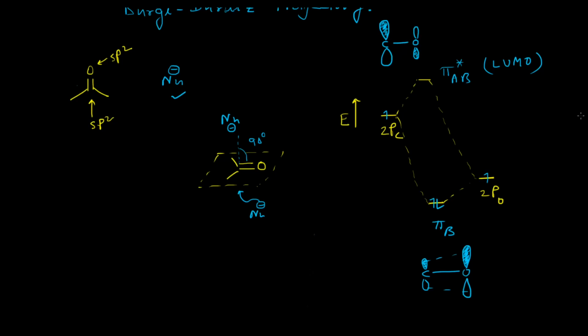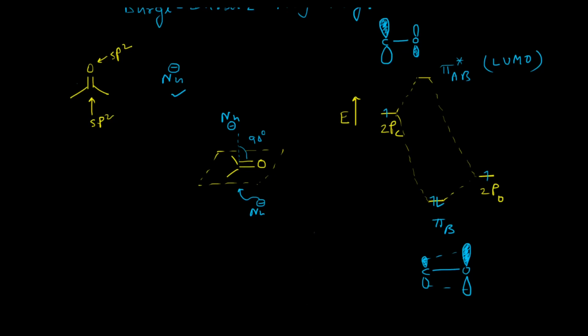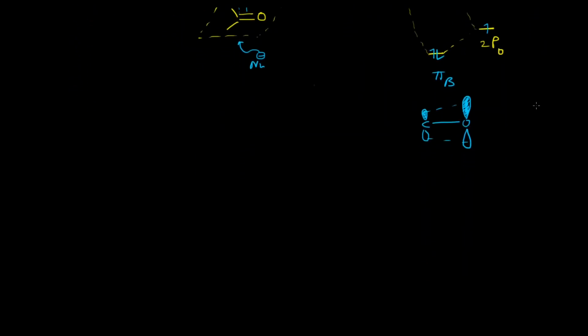Now let us see what will happen when the nucleophile approaches a carbonyl functional group. Since the interaction between the nucleophile HOMO and the carbon-oxygen double bond LUMO is taking place, we have to consider the pi star antibonding orbital.